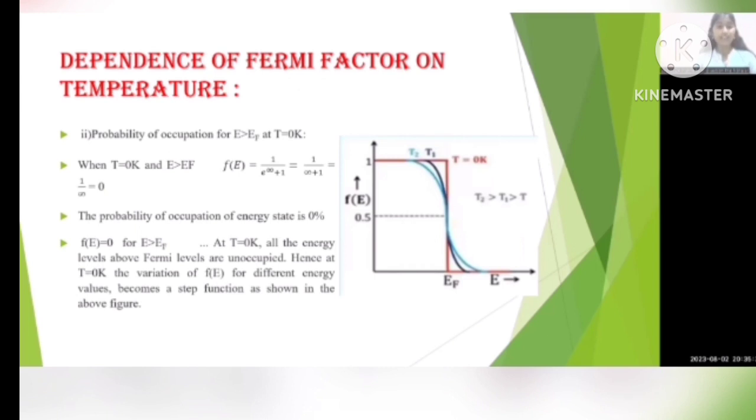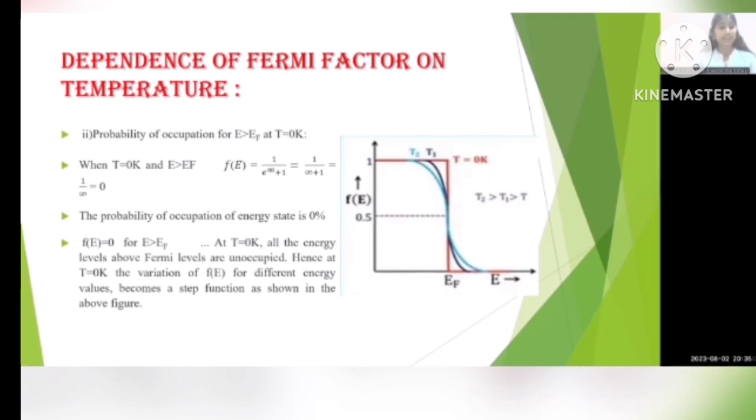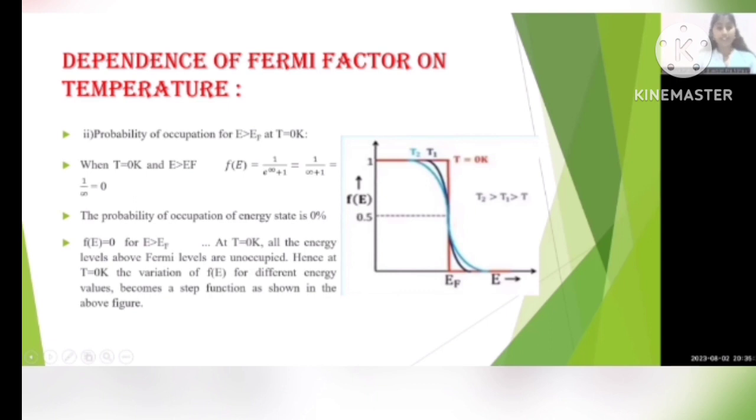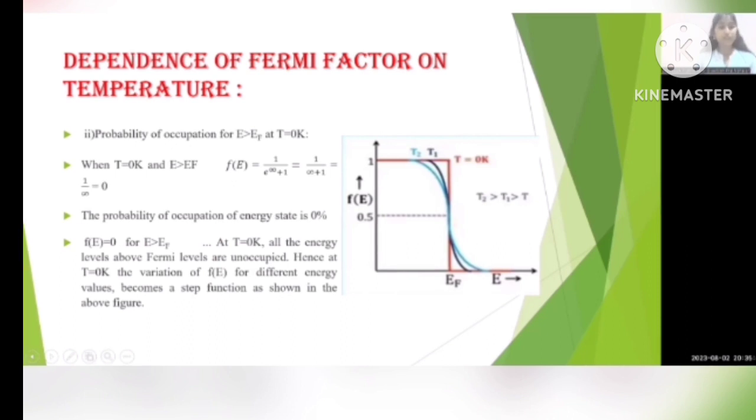Now let us check the probability of occupancy for all the energy levels above the Fermi energy level, for the condition where temperature equals 0 Kelvin and E is greater than Ef. Now e^((E - Ef)/kT) equals e to the power plus infinity, which equals infinity.